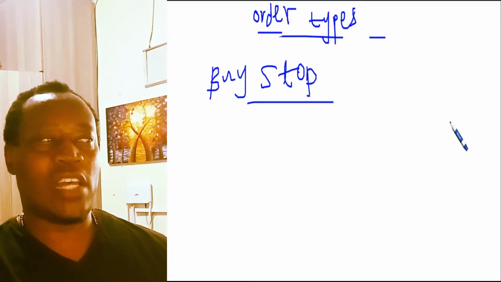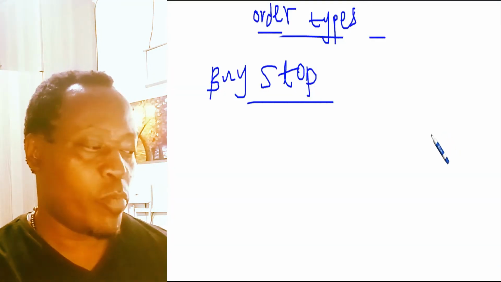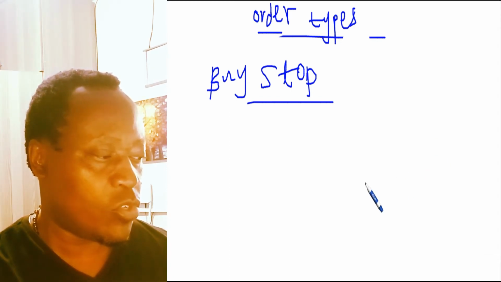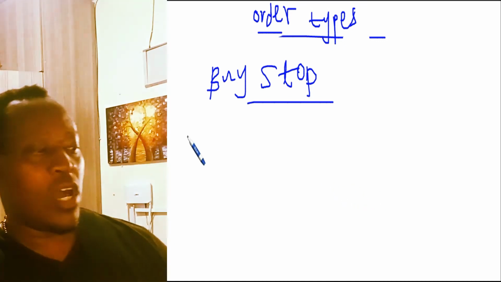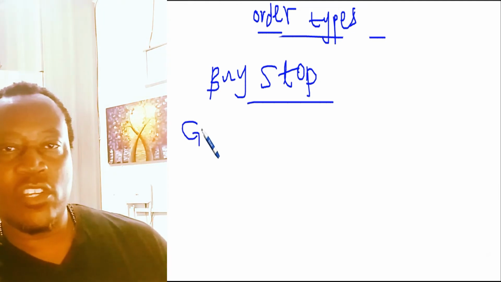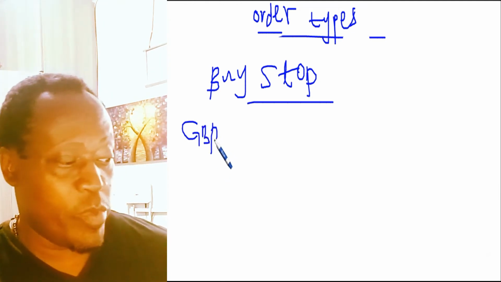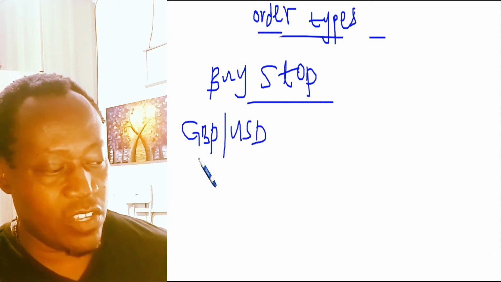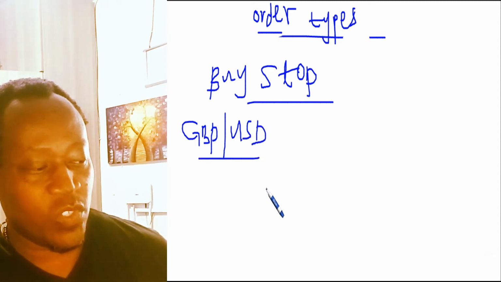So when we say it's a buy side order, we are assuming that a currency like GBP, we not use Euro USD so much. So a GBP USD as a currency that you want to trade, assuming again GBP USD is going up like this, coming down, going up like this, coming down, and you don't have to worry about this chart.